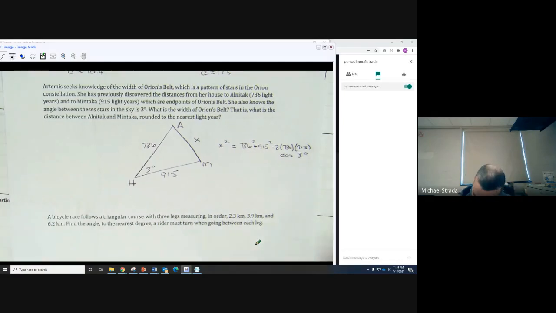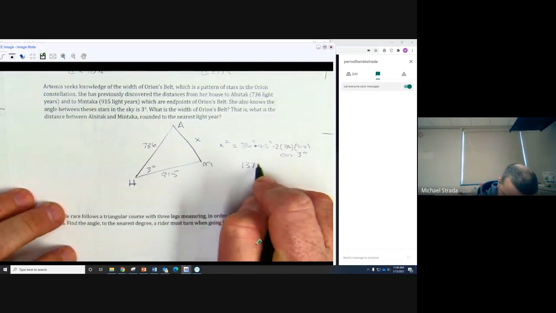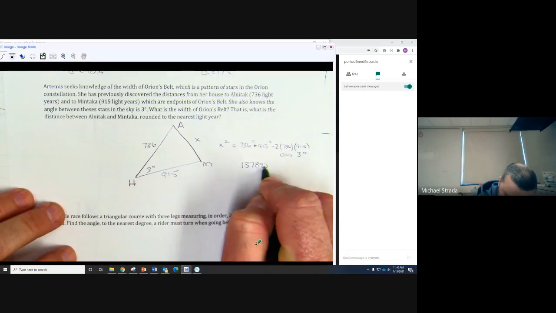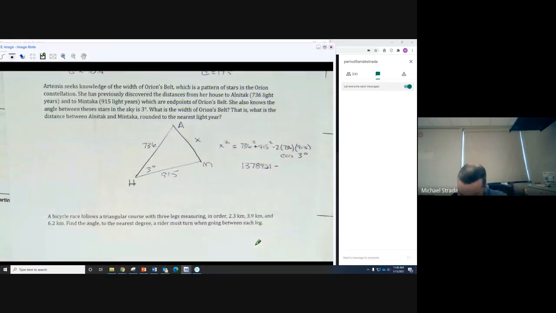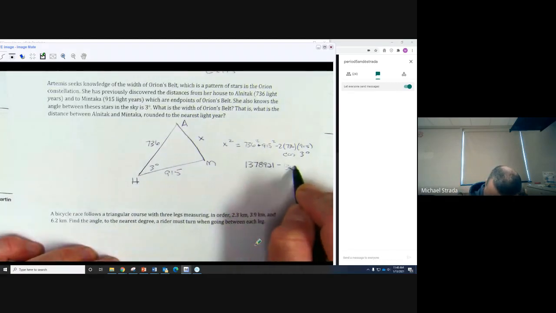All right, 736 squared plus 915 squared. All right, numbers are big, so you may want to break it down a little bit. 1378921 minus 2 times 736 times 915 cosine of 3 gives me 134.5034.